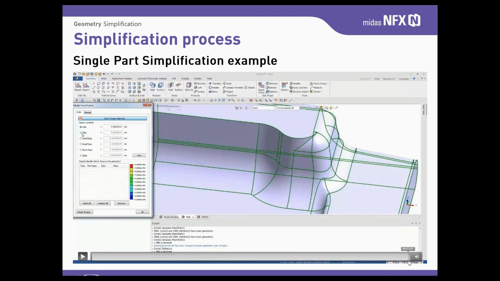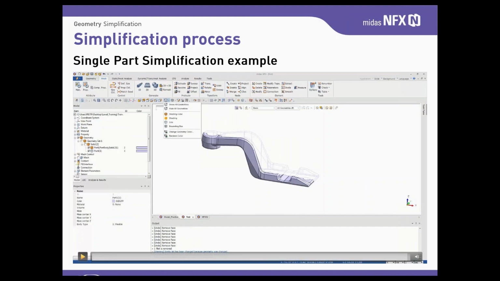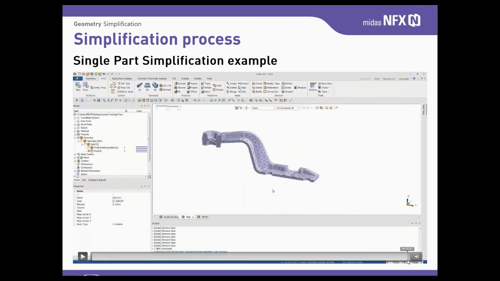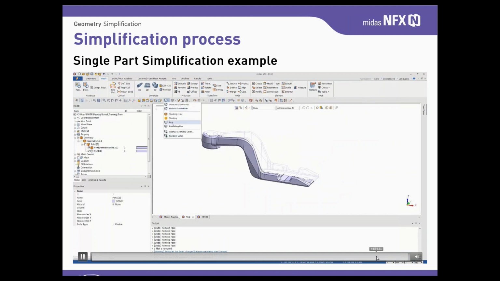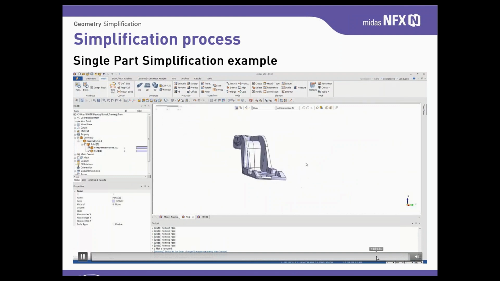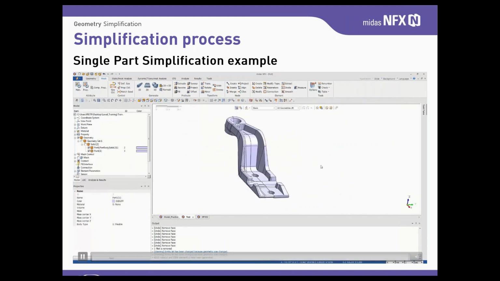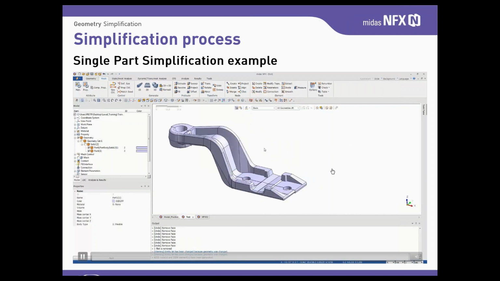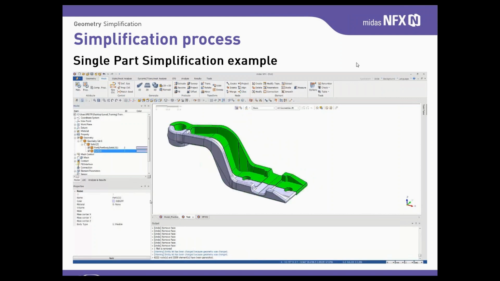And finally, after some work, we can compare both geometries. So everything works fine, as you can see. So now let's see the simplified model and the original model. So I think this is a really nice toolbox for fixing the geometry which you can use inside Midas NFX.